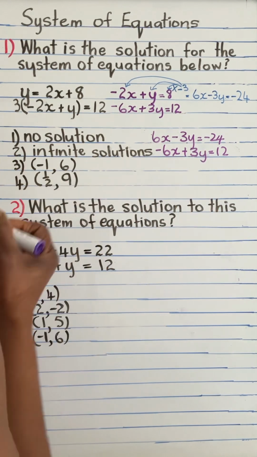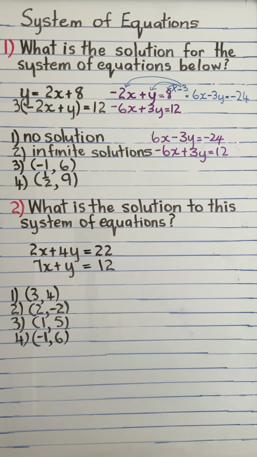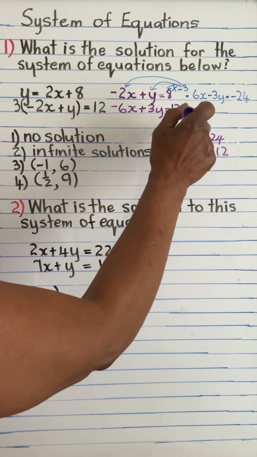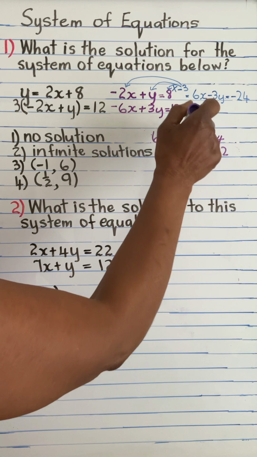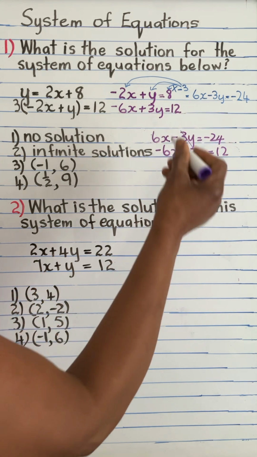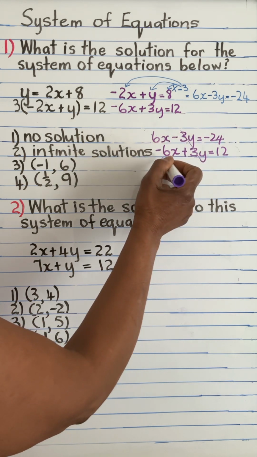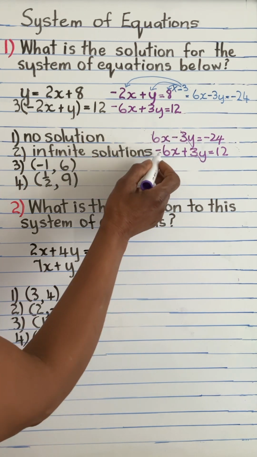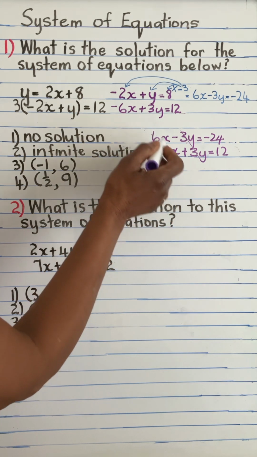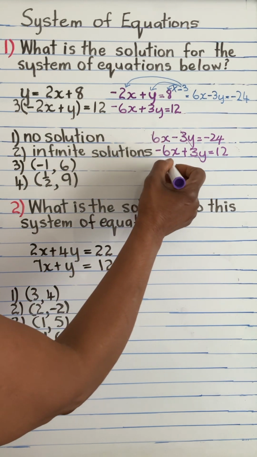Now we're going to add. The y variable is eliminated because now it's equal to 0, and the x is also eliminated.